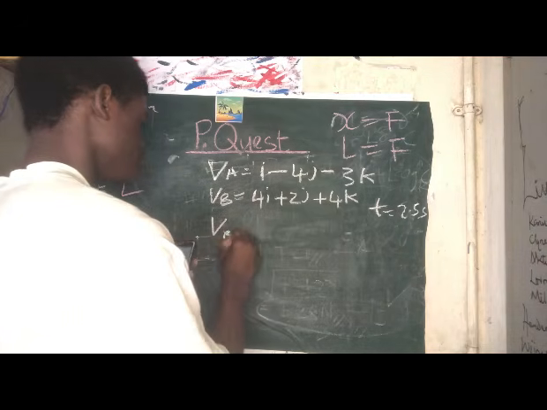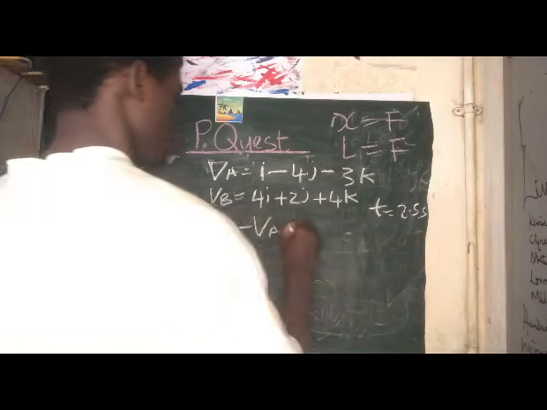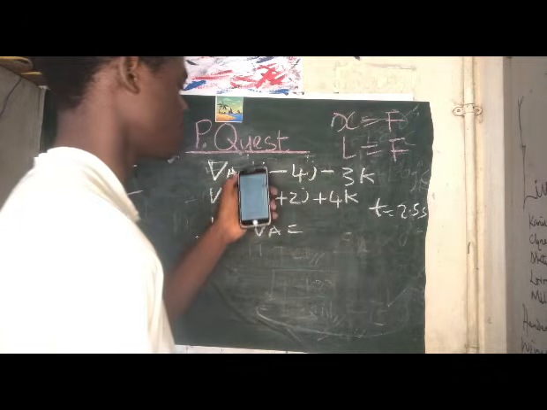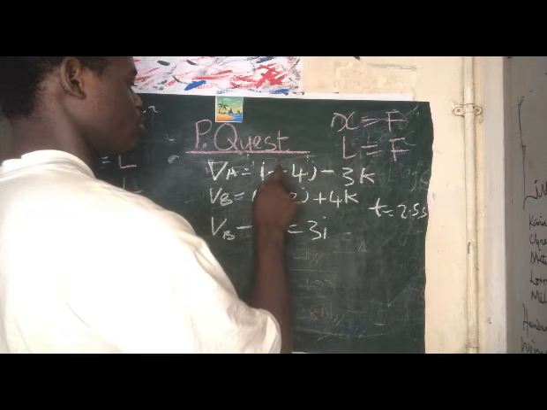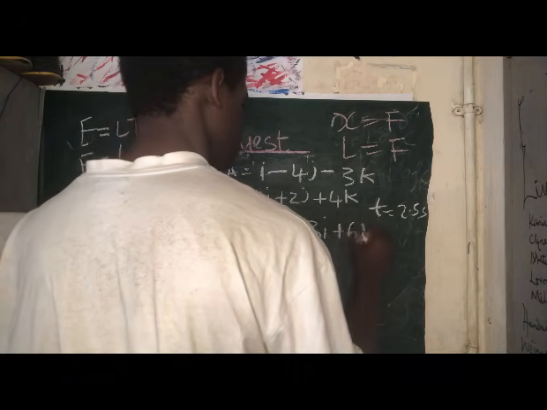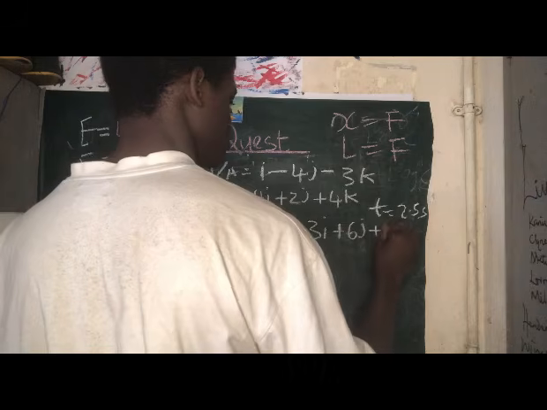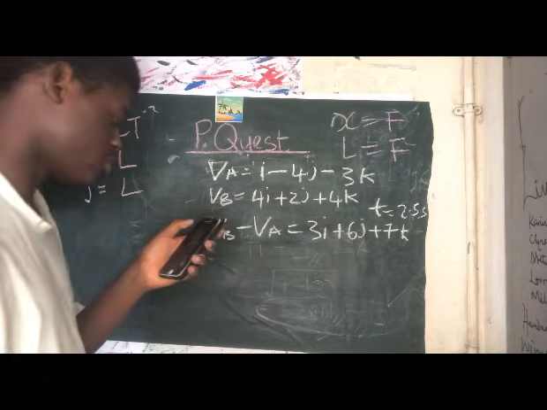That will be VB minus VA. If you do VB minus VA, that's 4I minus I, that's 3I. 2J minus 4J, that's minus 2J. 4K minus 3K, that's 7K.